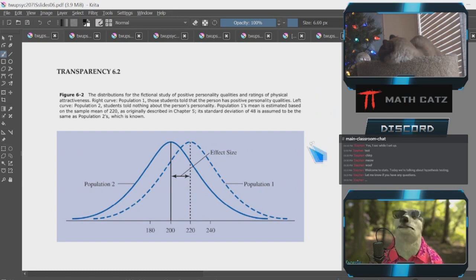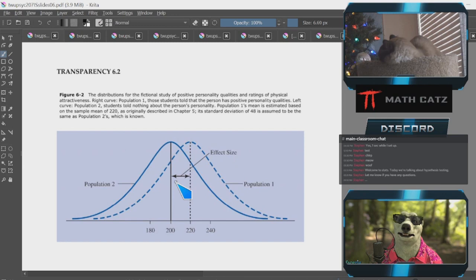The first term that I want to introduce is that of effect size. Essentially, we are trying to classify the significance, the strength of our sample information, the evidence that we collect in our hypothesis testing procedure.